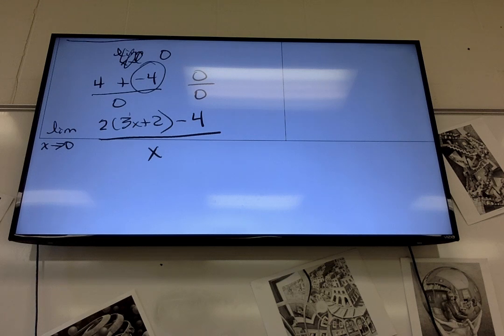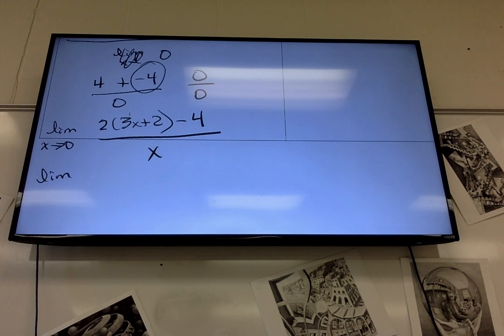If I put 0 in for all the x's right now, I'd still get 0 over 0. But since I got 0 over 0, I'm going to multiply it out like we did on number 12 from the homework, and see if we can get stuff to cancel out, which we can.